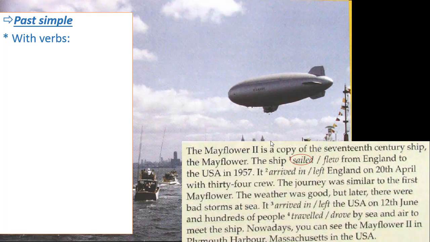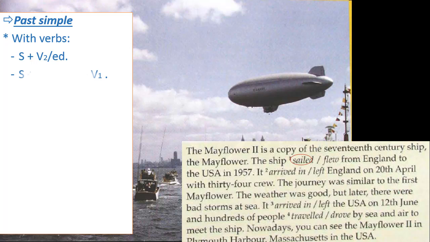Now you can check the answers with me. So with this one, usually we see the subject with verb 2 or ed. Verb 2, what I mean is the second column in the irregular verb form.